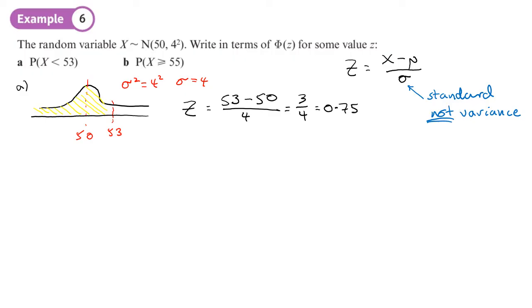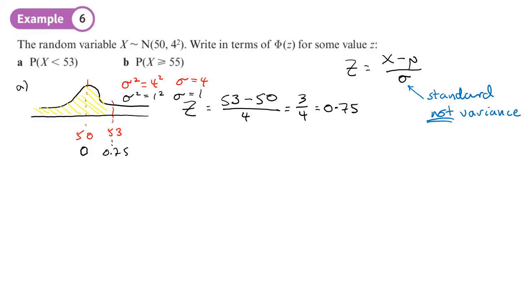So you could say the equivalent z value, if this was 0 here, and this was 1 squared, and this was 1, the equivalent z value that will give you the same area, would be 0.75. So they're like equivalents basically. It covers the same area. So in terms of phi of z, the area from the left up to z is the area from the left up to 0.75.